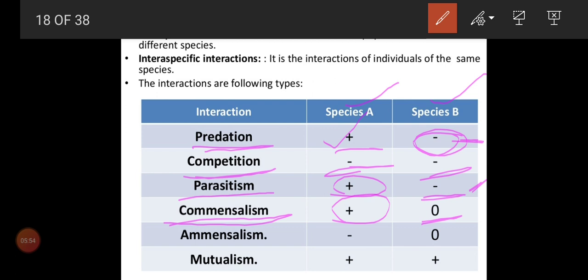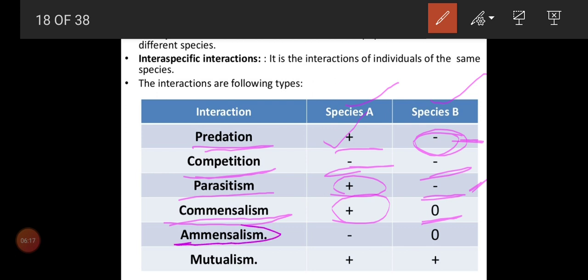That is what we call commensalism. It is also interspecific, between two species. Species A will get benefit, species B sometimes is harmed, sometimes is not harmed. That category is called commensalism.